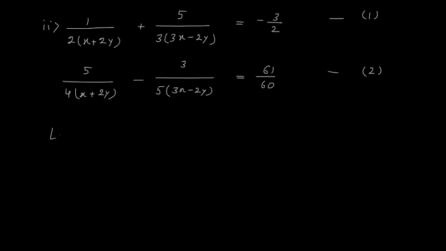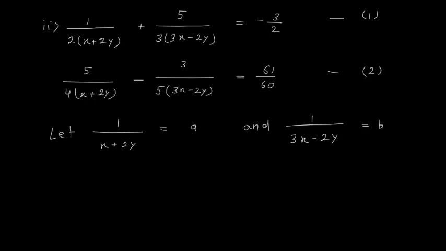I will say that 1 upon x plus 2y is equal to a, and 1 upon 3x minus 2y as b. So we consider 1 upon x plus 2y as a and 1 upon 3x minus 2y as b.